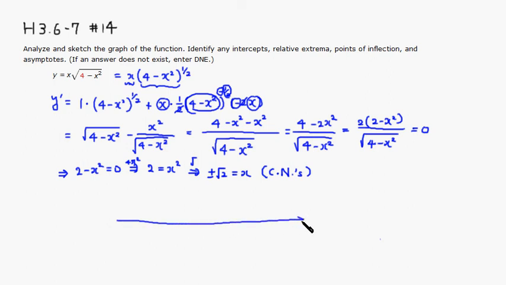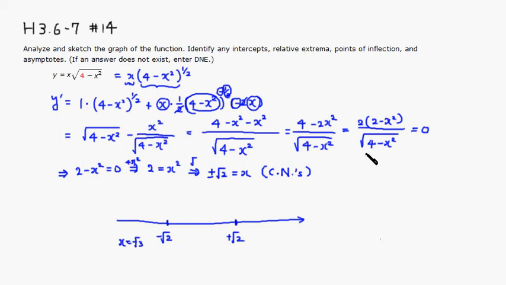All right. So those are the critical numbers, and so we're going to do a number line again to see if we get a local max or local min. Right, so this is going to be negative square root of 2 and positive square root of 2. So you could try something like x equals negative square root of 3, or something like that. And then we just need to know if it's positive or negative.